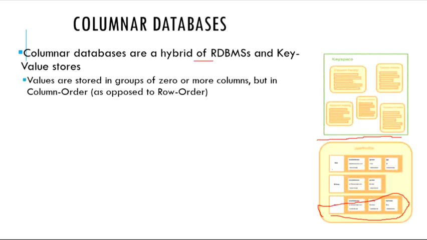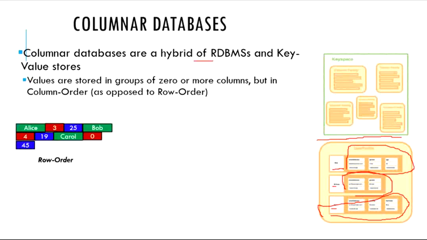So values are stored in groups of one or more columns, but in column order as opposed to row order. So if you're concerned with age, the age of all of your employees would be here. And then if you're concerned with name, you'll get the name of all of your employees, and so forth. As many values you have, you get the same data for each one of these.